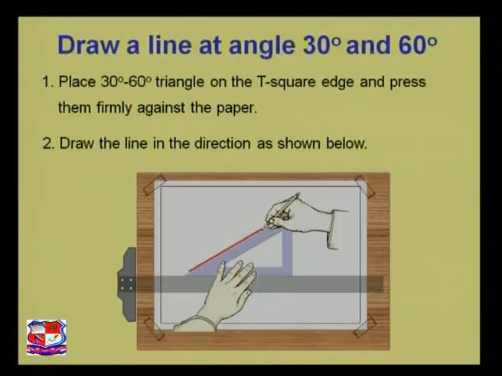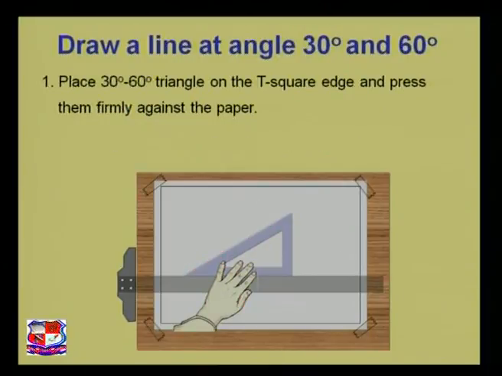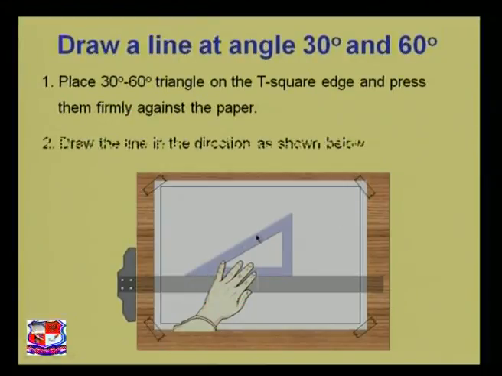See again, we want to draw this 30-degree line. The set square makes a 30-degree angle with the T-square, so we can draw a 30-degree line over here. We can draw a line like this.